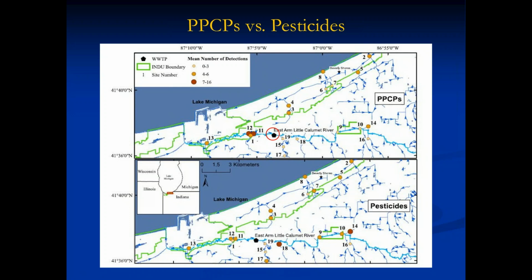But in contrast, if you look at the panel on the bottom, there we're just focusing on pesticides. You can see that in this more agricultural area to the southeast, we're getting, generally speaking, a higher number of detections of pesticides. So we can use this information in a general way to break it out between areas with higher numbers of pesticides and areas with higher detections of personal care products and pharmaceuticals.